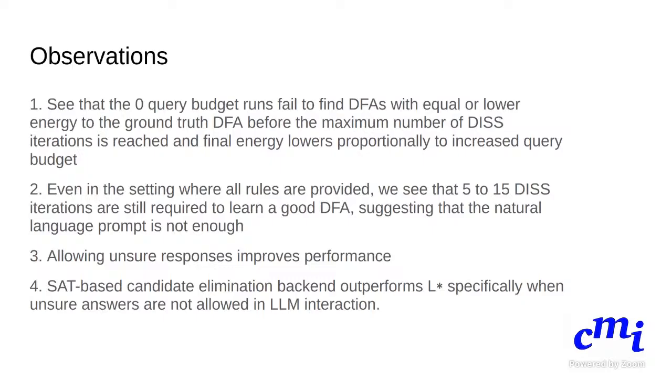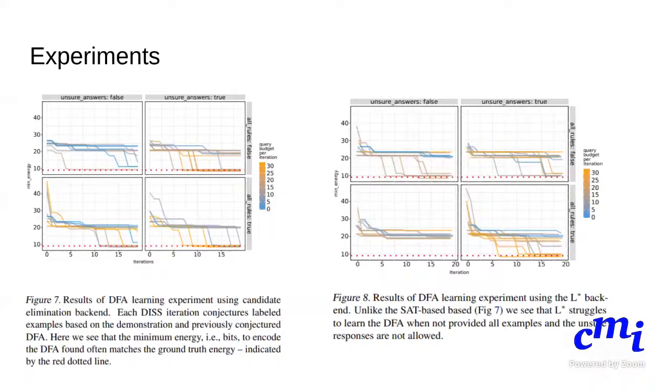And then in the third slide, we look at unsure answers being true versus unsure answers being false. It does not matter in the L star with the backend candidate elimination where we do not use LLM, but on the right side, bottom half, you can look at when the unsure answers are false here, and true here.